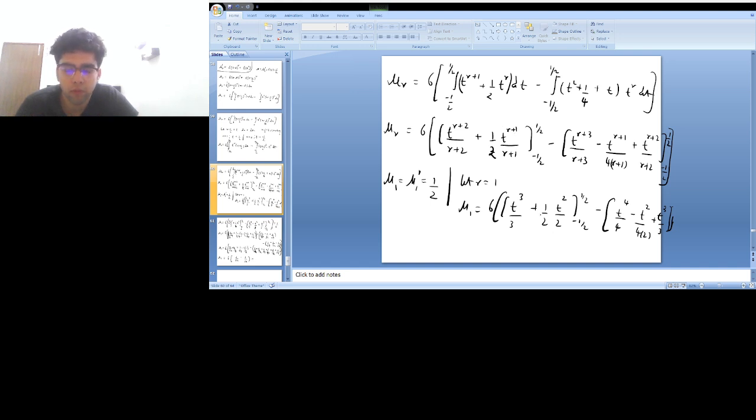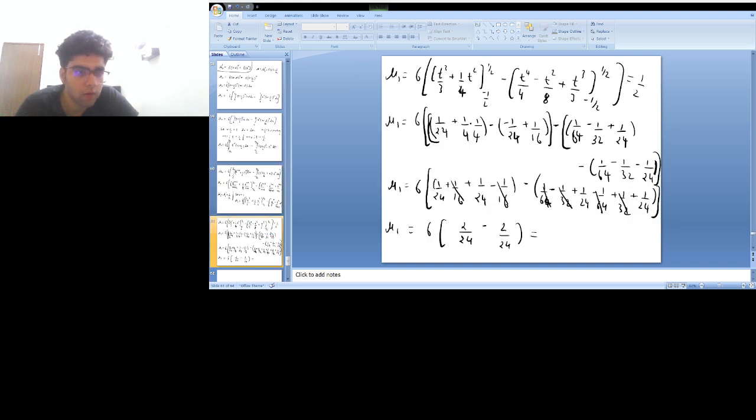So this becomes 1 upon 4. So t cube plus half t square upon 4. T cube by 3, t square upon 4, 1 upon 24, 1 upon 2 the cube, 1 upon 8 into 3, 24, 1 upon 4, 1 into 16, minus half, this gives me minus 1 by 24.